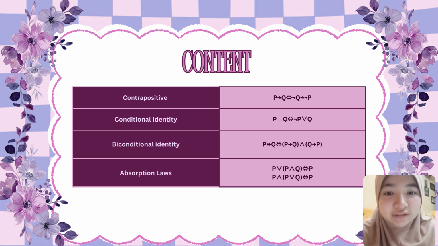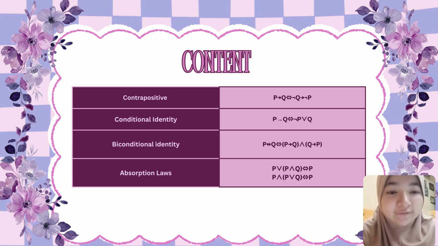Then we have conditional identity, and for conditional identity, we have P implies Q is logically equivalent to negation P or Q. Then we have biconditional identity, which is P if and only if Q is logically equivalent to open bracket P implies Q close bracket and open bracket Q implies P close bracket.